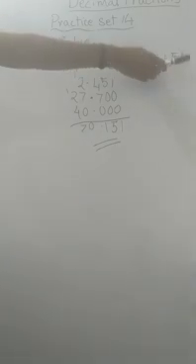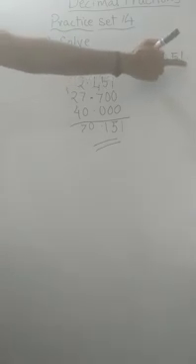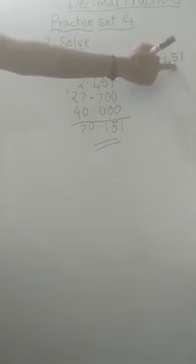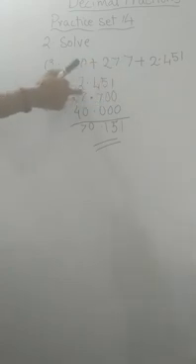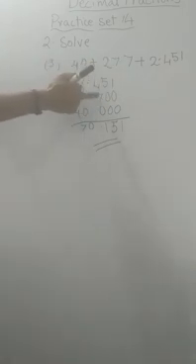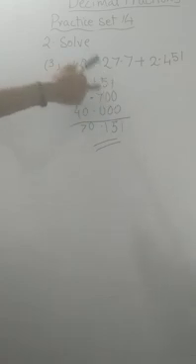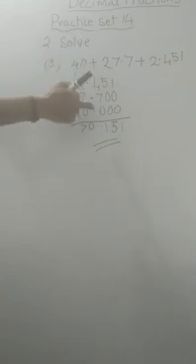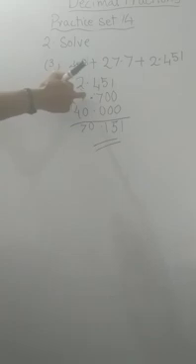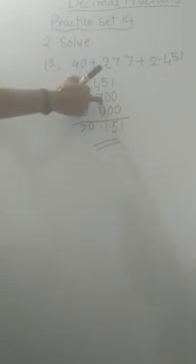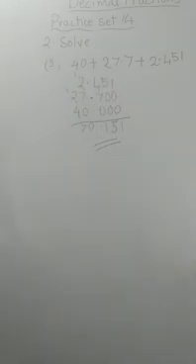Just see which has the most, here this has 3, okay? That means the other 2 will also be made to have 3 decimal places. This should also be written with 3 decimal places, and this should also be written with 3 decimal places, okay?